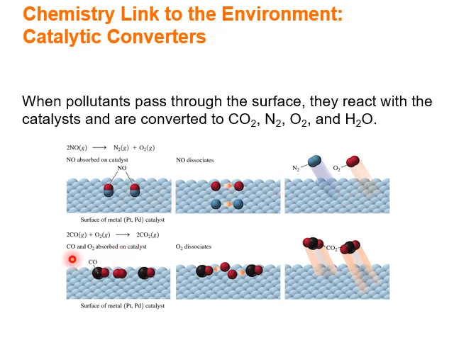And conversely, you have carbon monoxide, which is a poison, with oxygen being added to it. So it's taken away from the nitrogen oxide and added to the carbon monoxide to make carbon dioxide. Again, that reaction occurs on the surface of the platinum, and we're getting carbon dioxide, which is a greenhouse gas, but on the other hand, at least it's not harmful to human beings or to life.